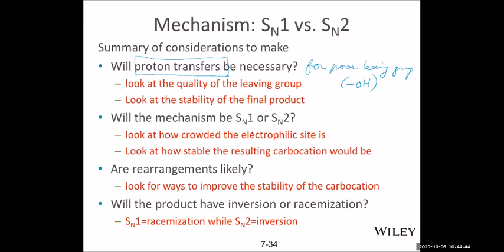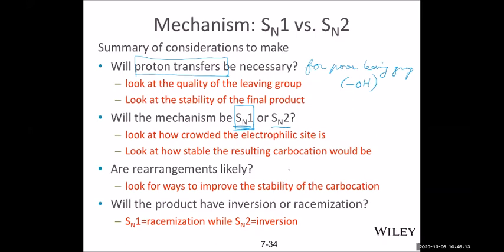The second one, look at what the reaction mechanism is. The reaction mechanism can be SN1 or SN2. Remember, SN1 really prefers when the carbon with the leaving group is a tertiary carbon. And when the carbon is primary, then it needs to go through the SN2 reaction, just because a carbocation is not possible.